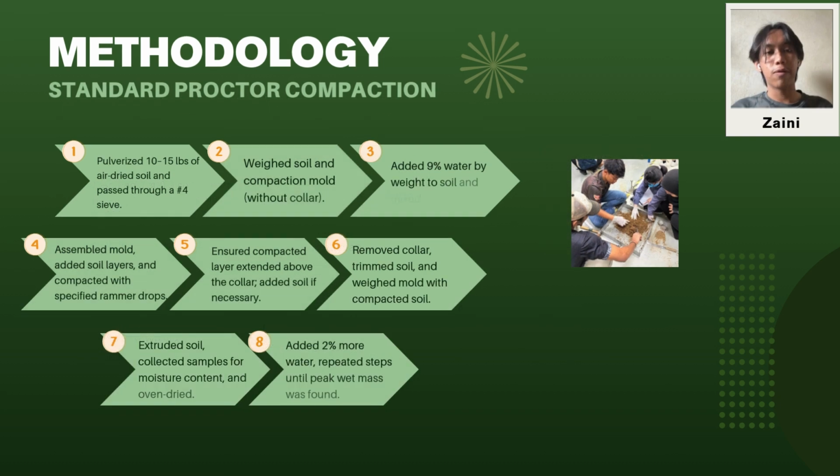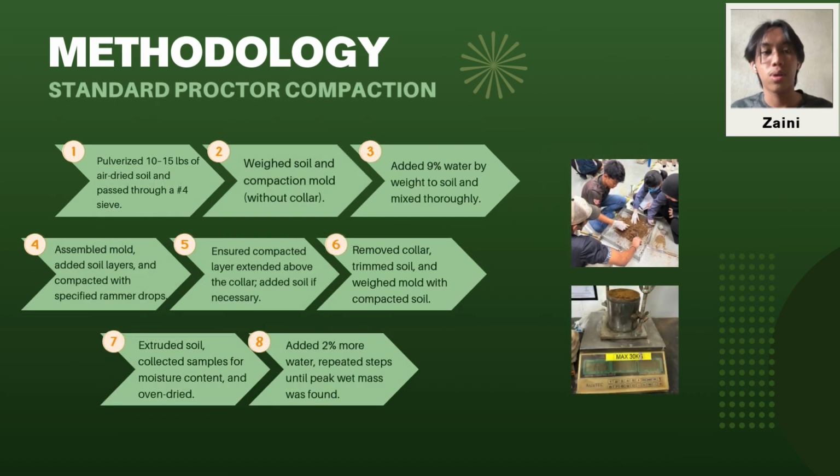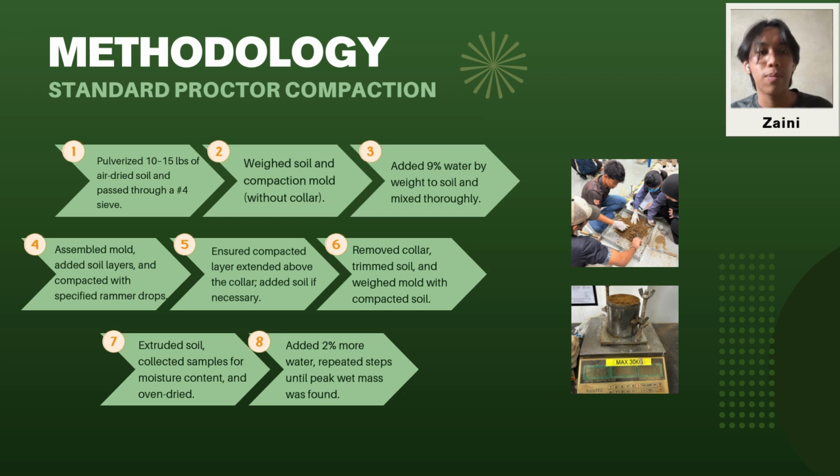And lastly, for the standard Proctor compaction test, we prepared 10 to 15 pounds of soil, pulverized it, and passed it through a number 4 sieve. Then we added 99% of water to the soil, mixed it thoroughly, and compacted it in layers using a mold and a rammer at a steady rate of 1.5 seconds per drop.